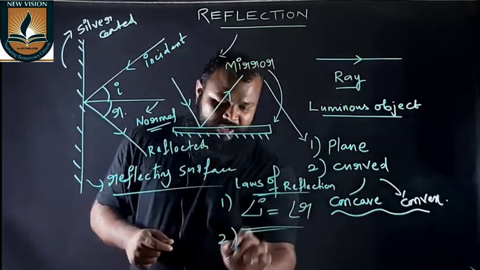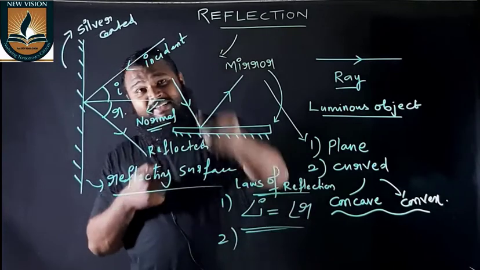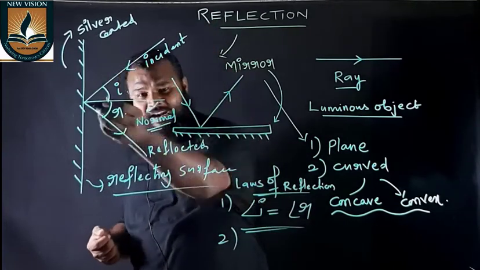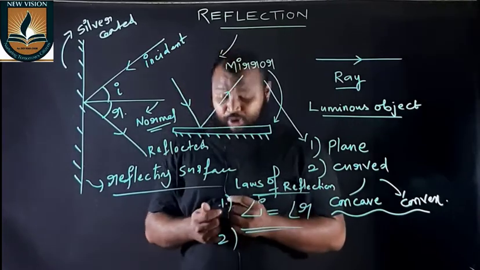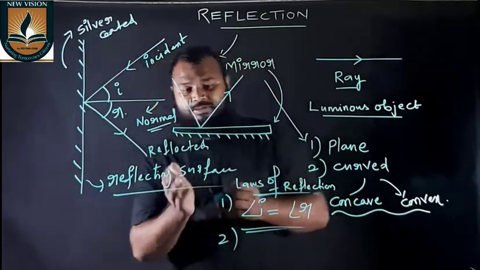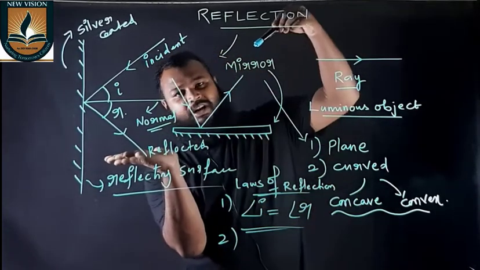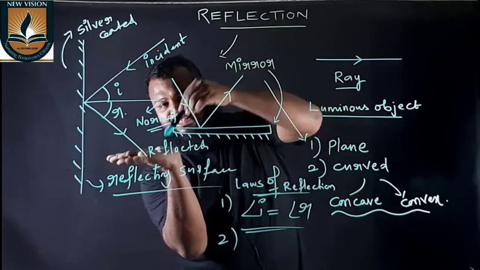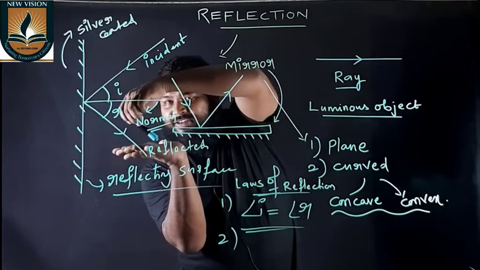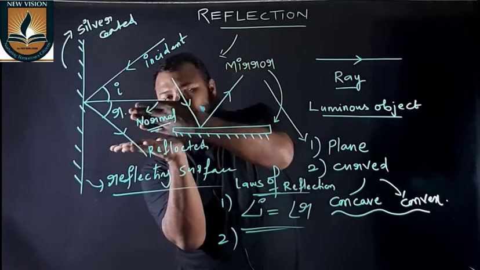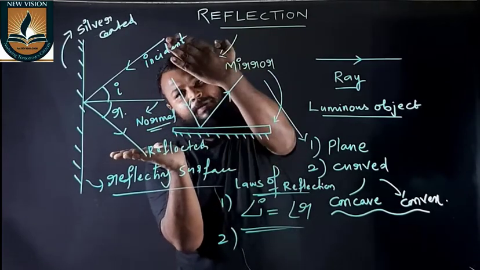And the second law is that the incident ray, the normal and the reflected ray lie in the same plane. So what is the meaning of plane? Look at this one. Suppose this is a mirror. Light is incident on this one. This is the incident ray, this is the normal and this is the reflected ray. All of them lie in the same plane. Let's say my hand is a plane.